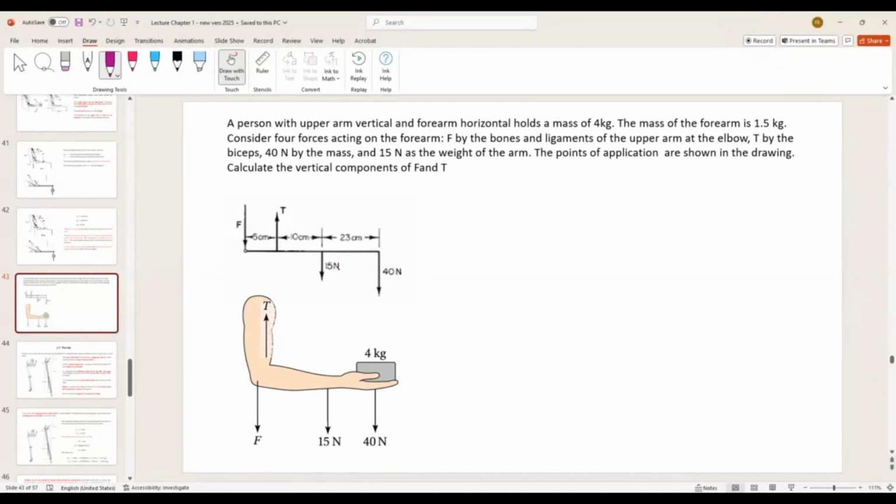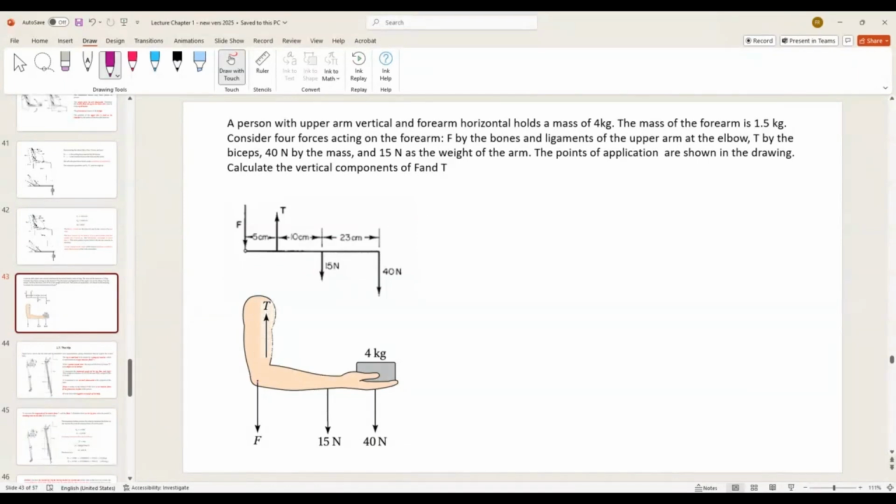So we're going to use the conditions of static equilibrium, so for translational equilibrium and rotational equilibrium. The first thing that I'm going to do is apply the condition of rotational equilibrium. Let's say that the sum of the torque with respect to a given point is equal to 0.